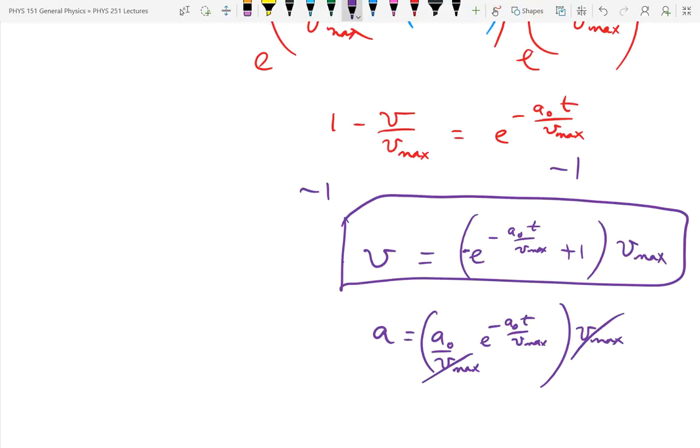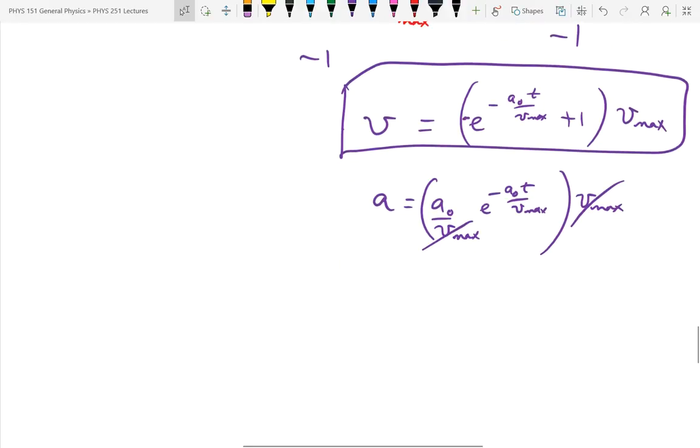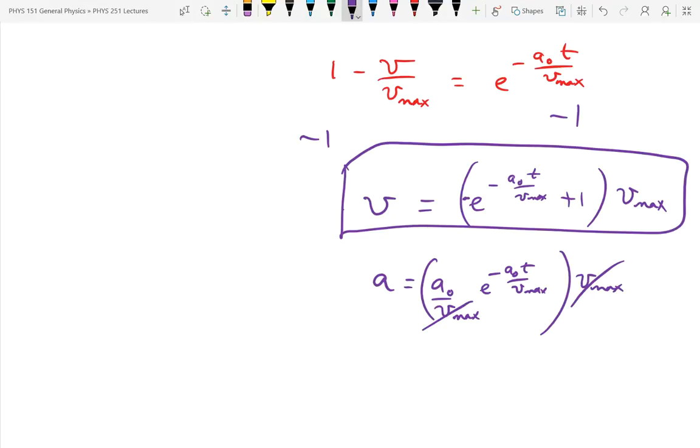And the acceleration is A0 times e to the minus A0 t over V max. Because I took the derivative of the exponent. So the exponent is minus A0 t over V max. So the derivative of that is just minus A0 over V max. So that's what I brought down. And because there was a minus sign here, that's why it became positive.